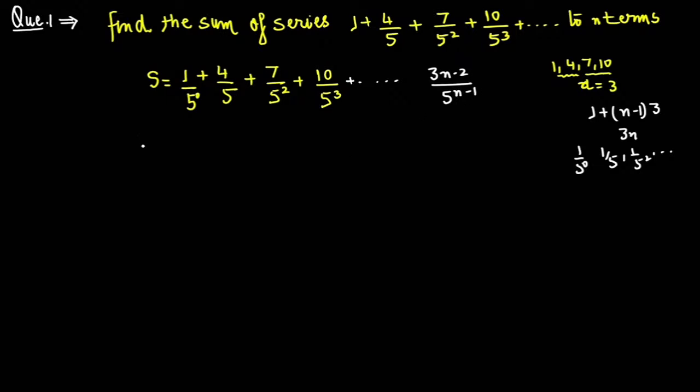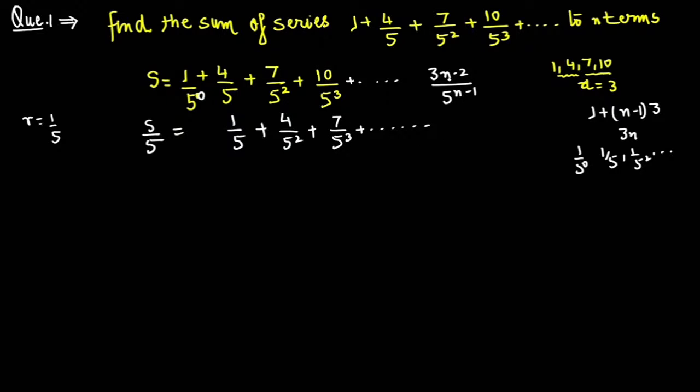Now what is the step? In a GP the common ratio is multiplied. So the common ratio of the GP is 1 by 5. I multiplied S by 1 by 5, this 1 by 5 to the power 0, which is 1, becomes 1 by 5. This 4 by 5 becomes 4 by 5 square. I have shifted it and am writing it there. Again, this 7 by 5 square when multiplied by 1 by 5 becomes 7 by 5 cube, dotted.